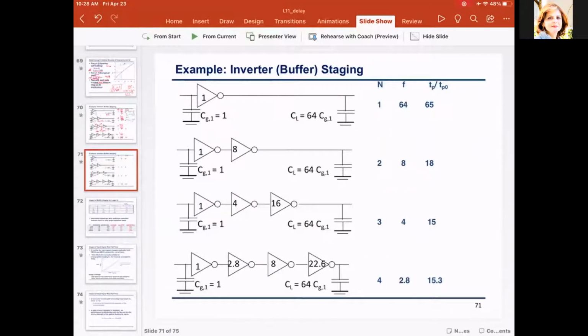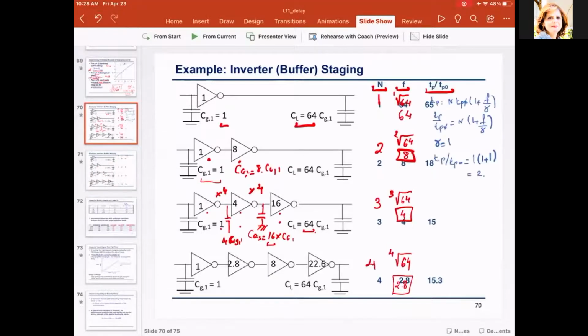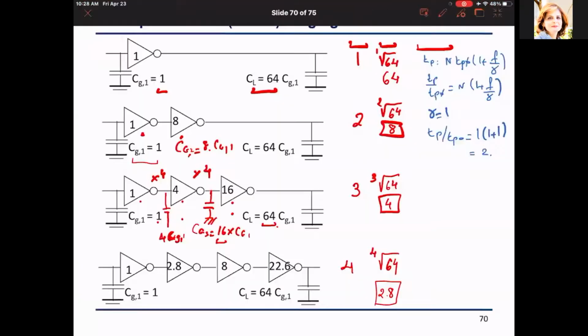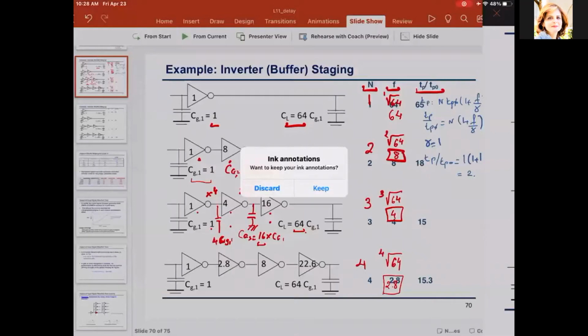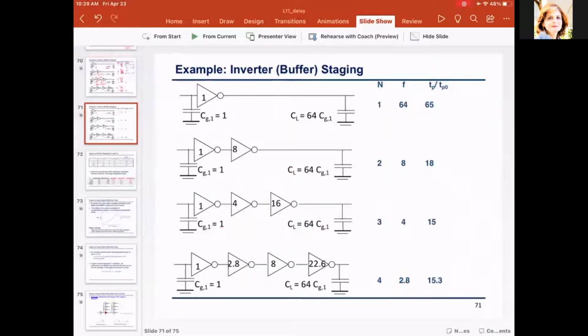Pardon me, we made a mistake: the F is 64. Okay, F is 64 for the first one, gamma is 1. Let me close this, and let us come back here.